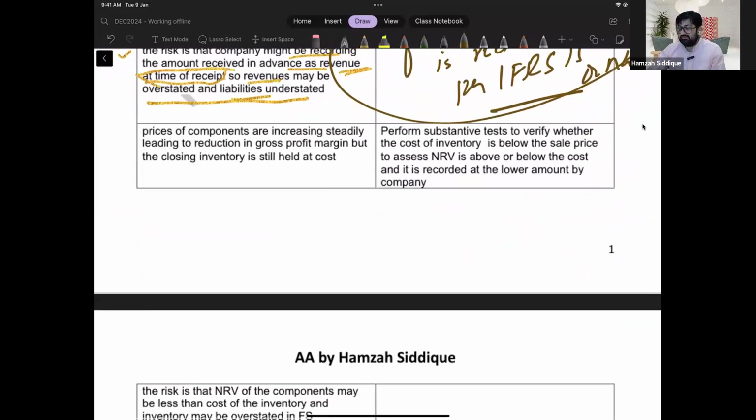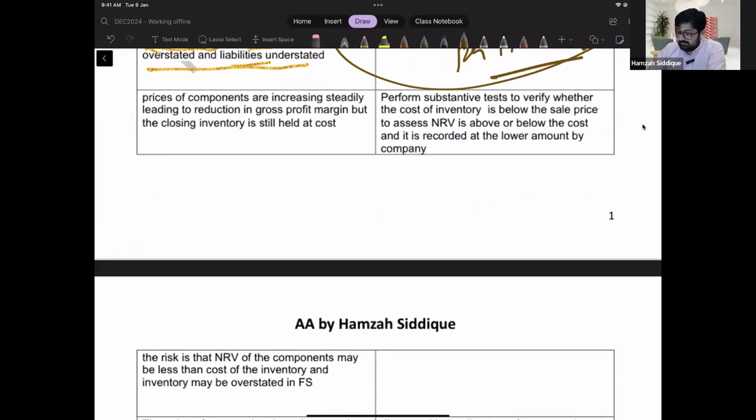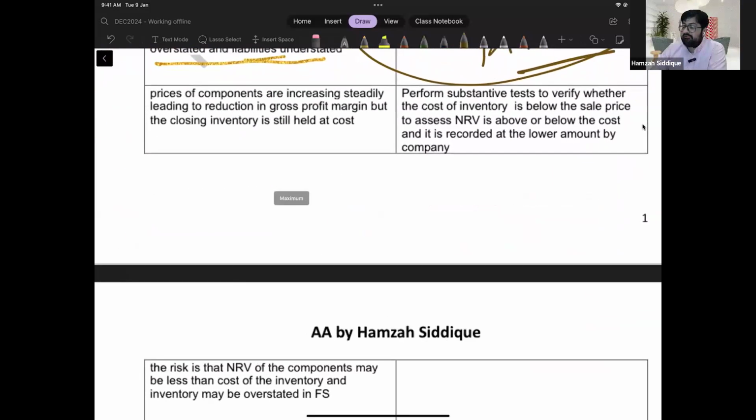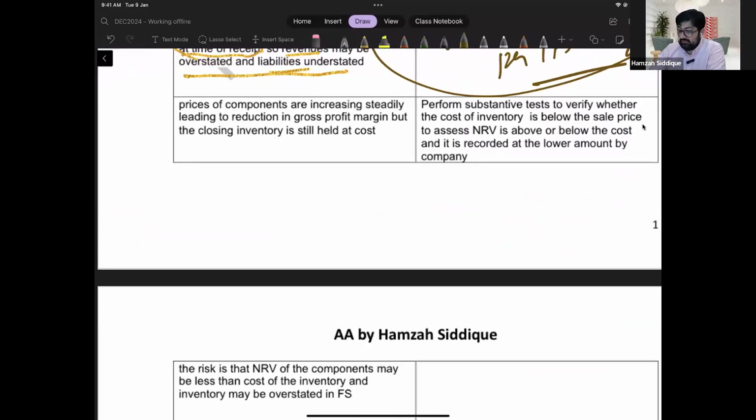Now, next. Prices of components are increasing steadily, leading to a reduction in gross profit margin, but the closing inventory is still held at cost. The price of the component, the purchase price.